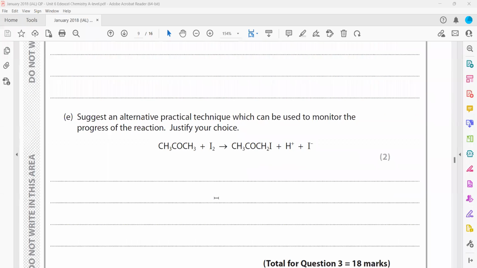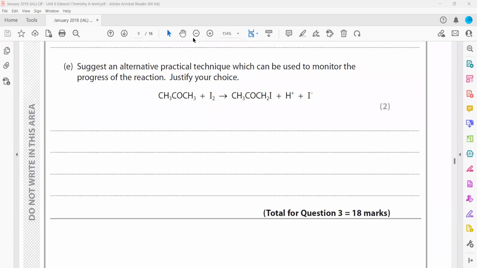Then suggest an alternative practical technique which can be used to monitor the progress of this reaction and justify your choice. Here we can use a colorimeter. Because the iodine molecule is turning into iodide ion, we can use a colorimeter as the color intensity will change.